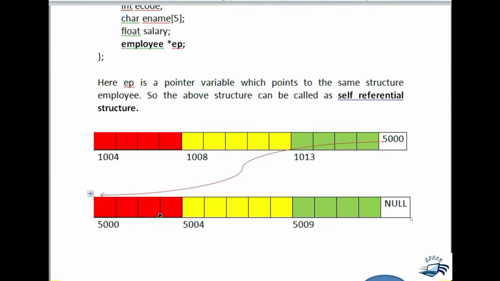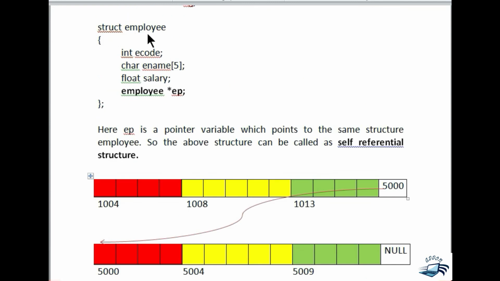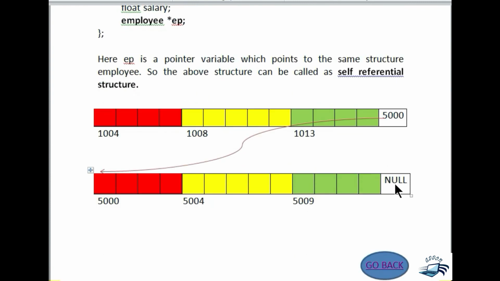Here also 5000 to 5003 will be for eCode, 5004 to 5008 for ename, and 5009 to 5012 for salary. In the last section, for EP I have given null. That means the memory allocation stops here, which means there is no other user defined data employee defined in the memory. That is the meaning of null.